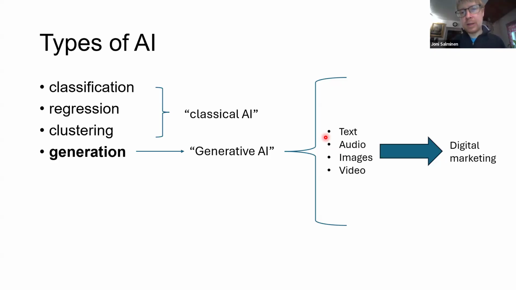in textual format, and those can even be customized per platform. Different platforms like X, Facebook, Instagram have different styles in terms of using hashtags and post lengths and so on.